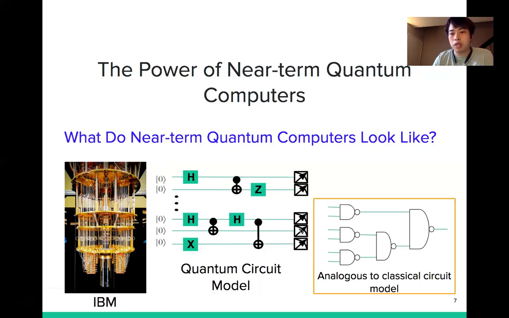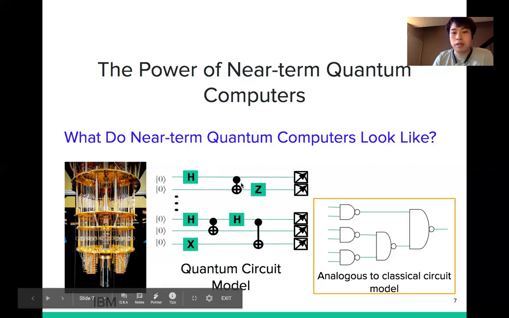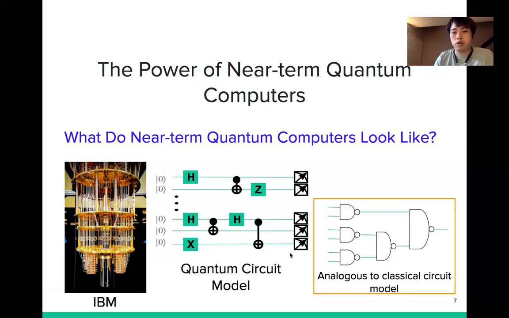This box here measures your qubits, and then you get some classical information that you can read. So you have qubits as input, gates operating on the qubits, and then qubits as output, and then you apply measurement to extract information from the qubits. That's all we need for the background about quantum computing today.